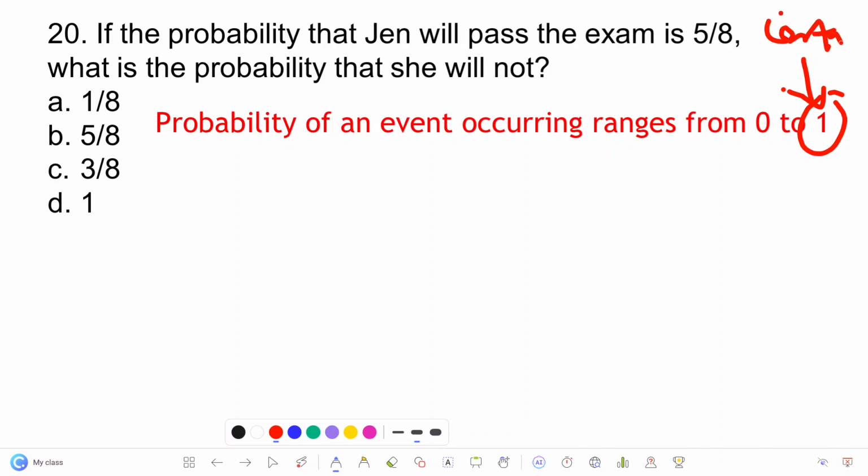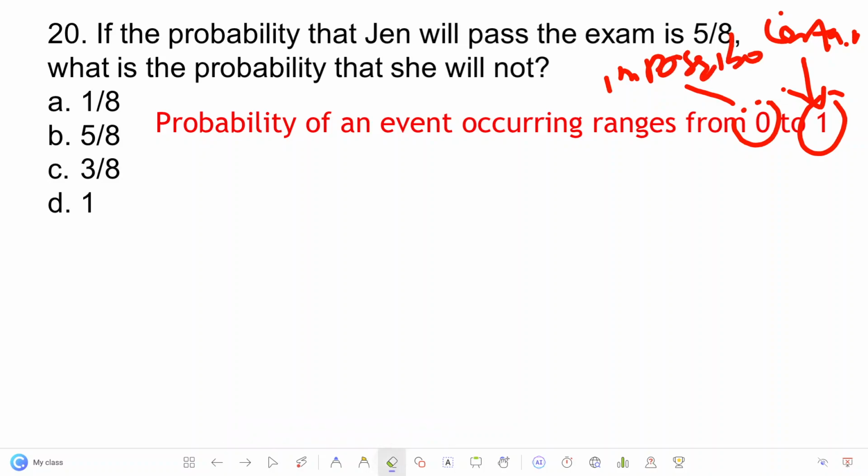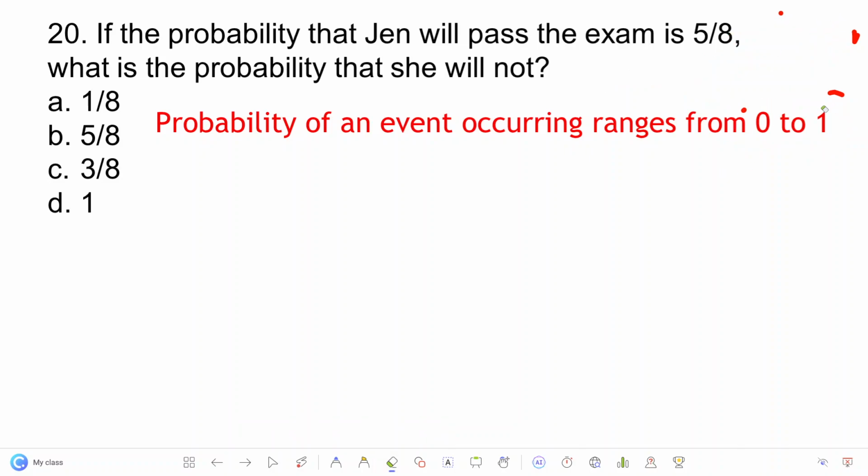Okay? Kapag sigurado ka naman na hindi mangyayari, ang probability is 0 because it is impossible to happen. Impossible. Not possible. Or it will not happen at all. Okay? So, tandaan po lagi na ang probability ranges from 0 to 1.